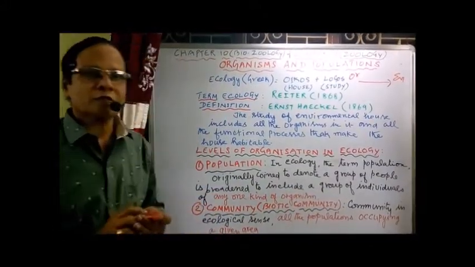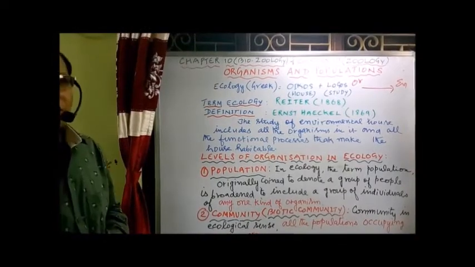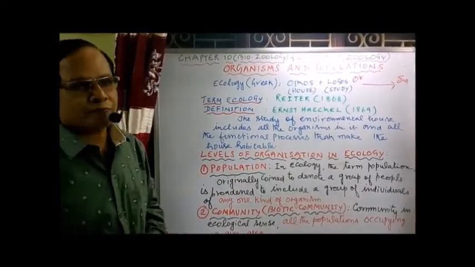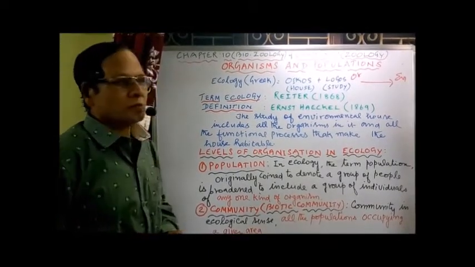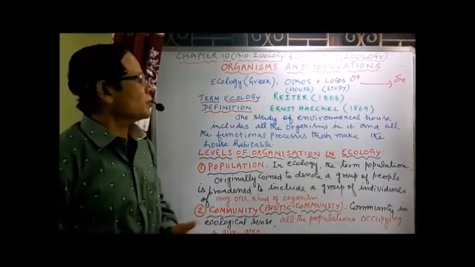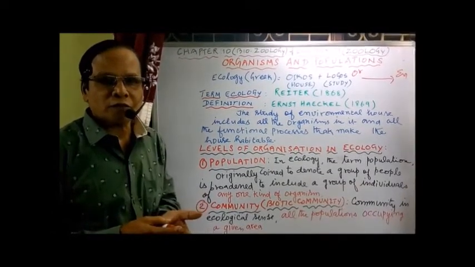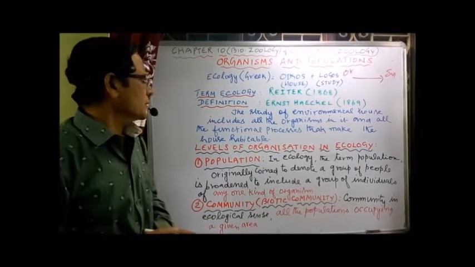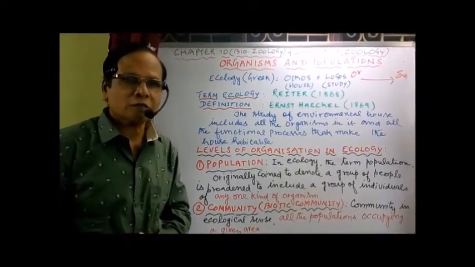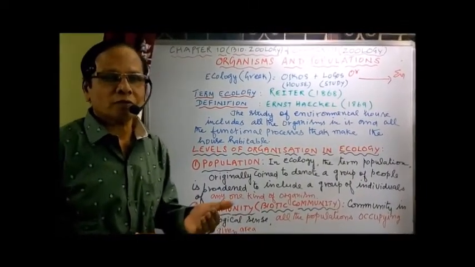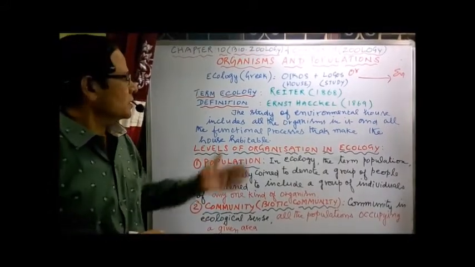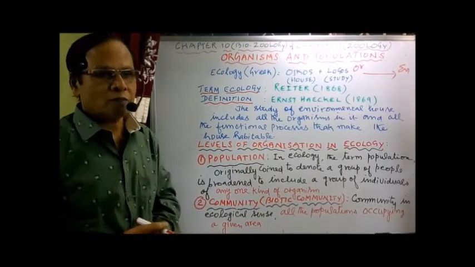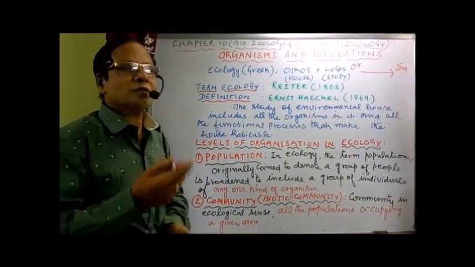We have different fields of ecology. The term ecology was given by Reiter in 1868. He gave the term ecology, based on the word house. Here house refers to the surrounding, or the environment, or the medium, because each and every species has its own medium or environment. The environment is a collective term which includes the different conditions.